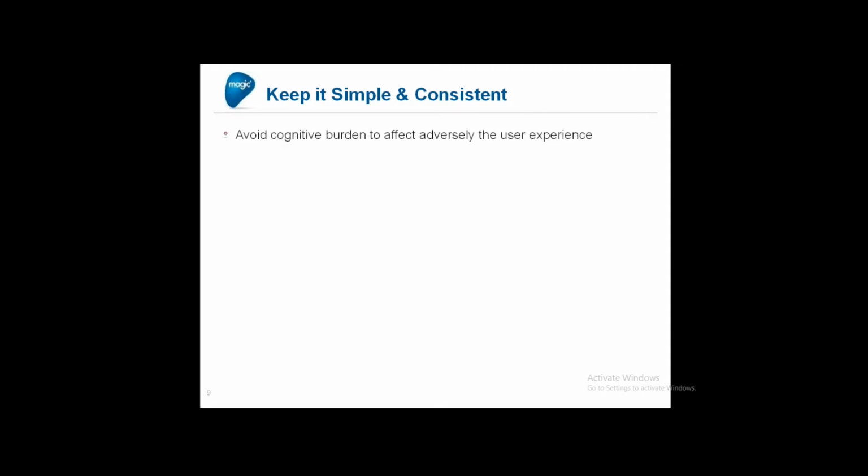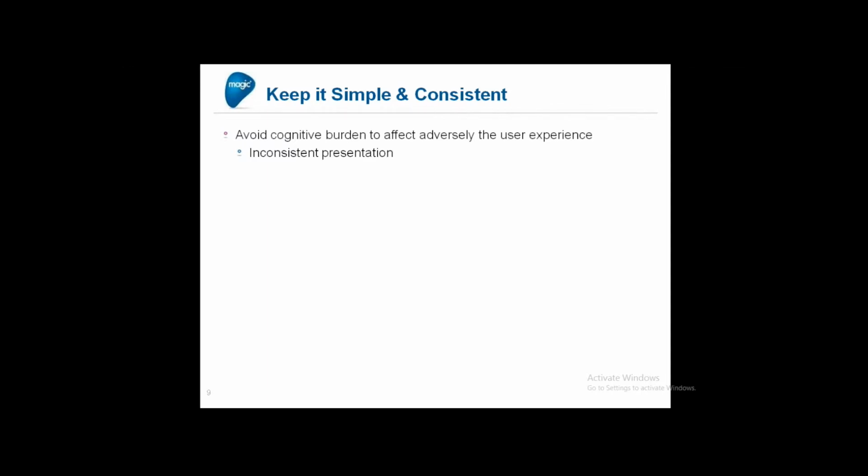If we're trying to keep it simple and consistent, the reason is to avoid the user having to think too much, particularly remembering that they're more likely to be moving about, so they don't have to insist on a lot of attention to decide.